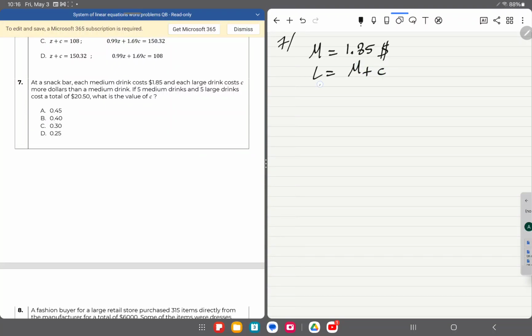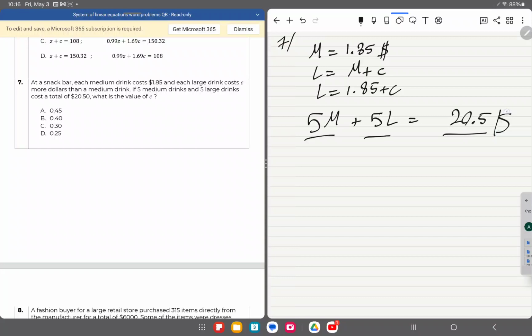So medium plus C. So large is 1.85 plus C. Now, if 5 medium drinks and 5 large drinks cost $20.5, what is the value of C?